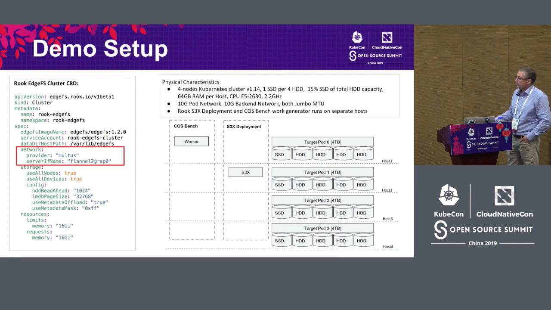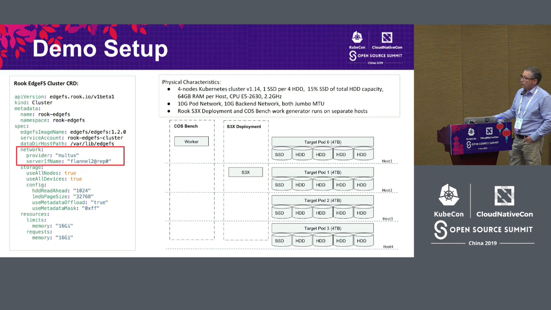And it's really a stateful set we're talking about. Additionally, we have an S3X deployment, which is a Kubernetes deployment style. So we'll get an S3X pod, which will be serving this protocol and connected to the backend and front end.